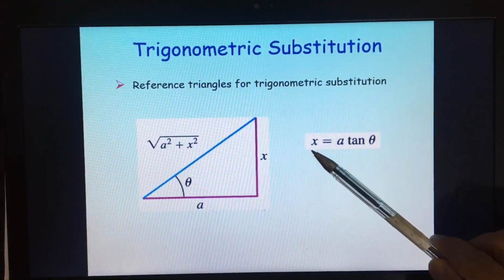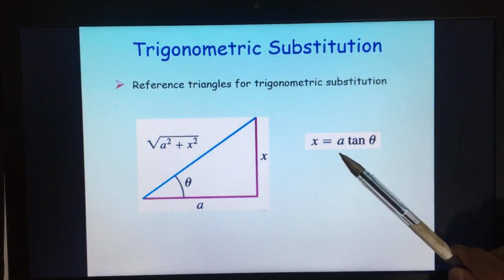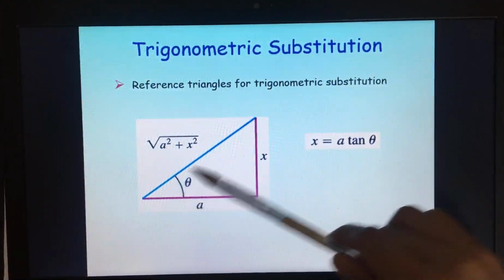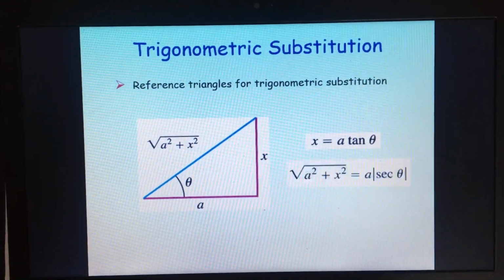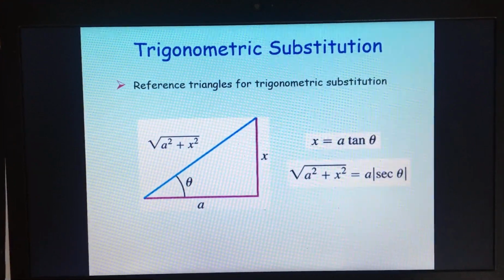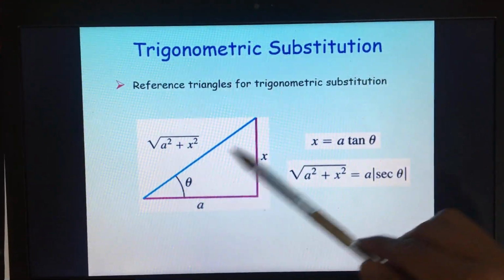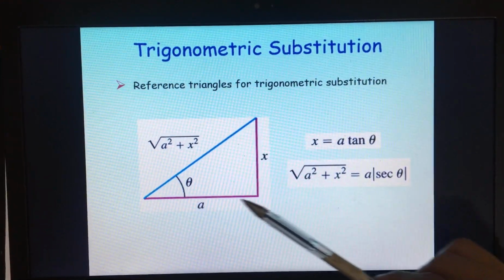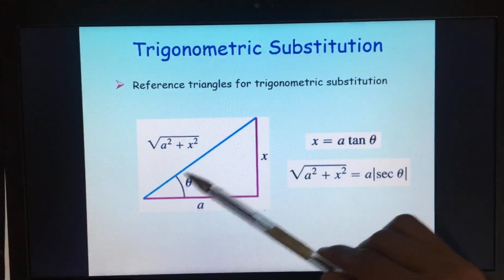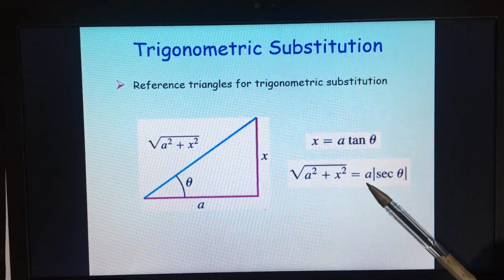Then solving for x, you have x equal to a tangent theta. Now to solve for this side, we can use secant. From our definition, secant is hypotenuse over adjacent. Cross multiplying by a, we get this side, the hypotenuse, equal to a times secant theta.